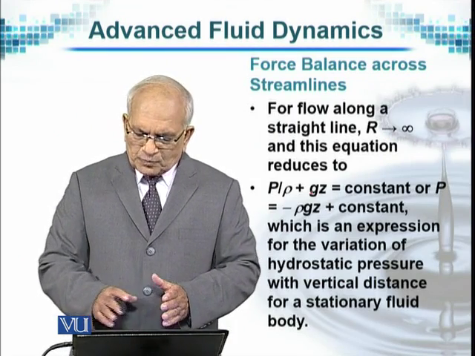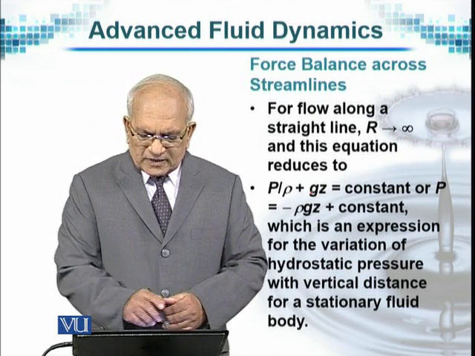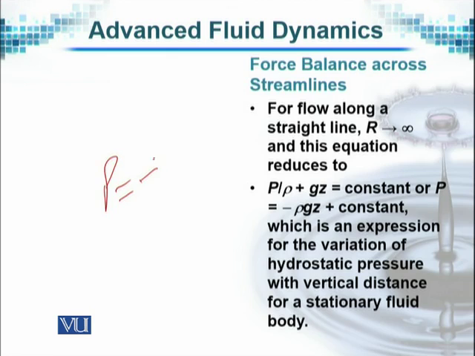So the same thing can be written as P equals minus rho gz plus some constant C. Now this is the expression for the variation of hydrostatic pressure with vertical distance for a stationary fluid body.